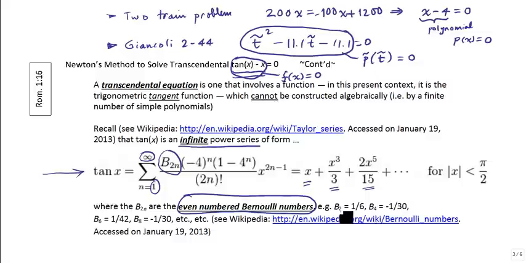B sub 2 is 1/6, B sub 4 is minus 1/30, B sub 6 is 1 over 42, and B sub 8 is again minus 1 over 30, etc. If you're interested in knowing more about those, you can visit the Wikipedia site.